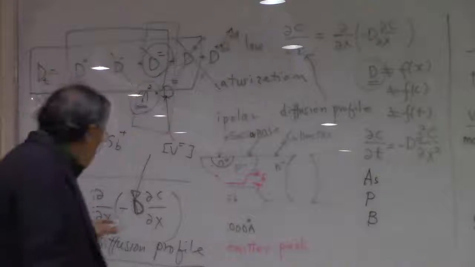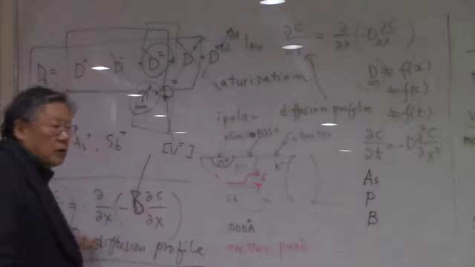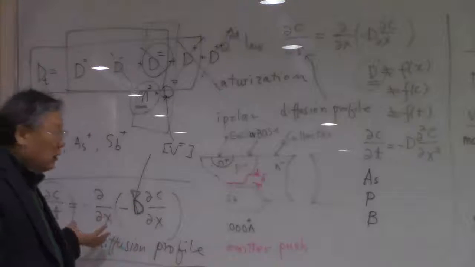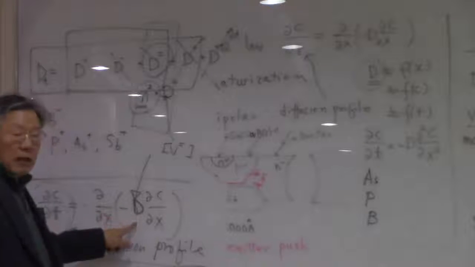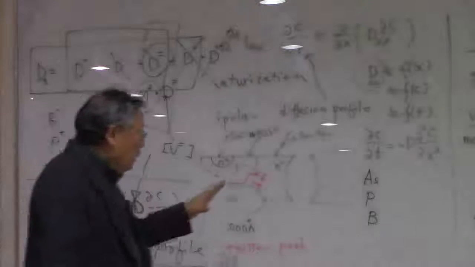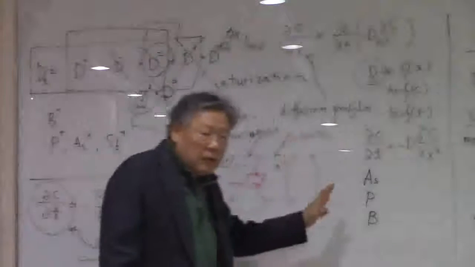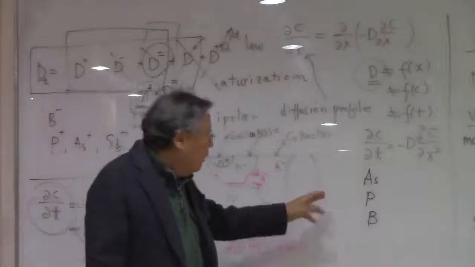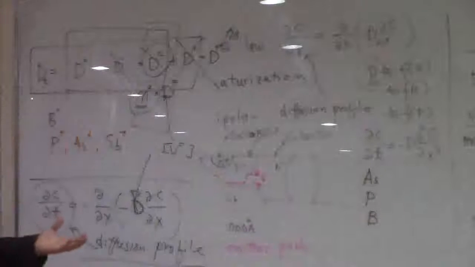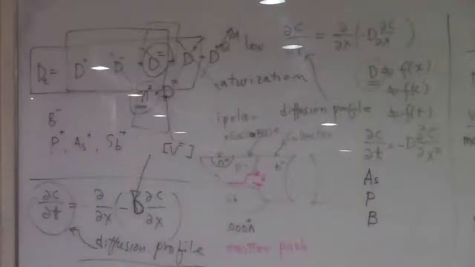So we are not going to just use the computer to get numerical solutions of this equation. Even after we find the value for D, we try to solve this analytically to find the physics inside the diffusion process. And we're going to do the arsenic first.